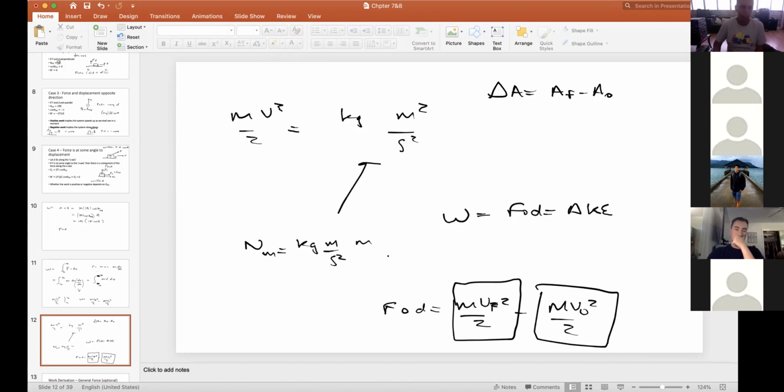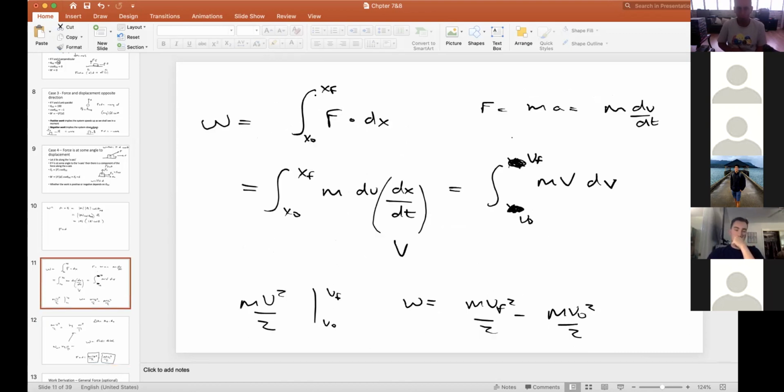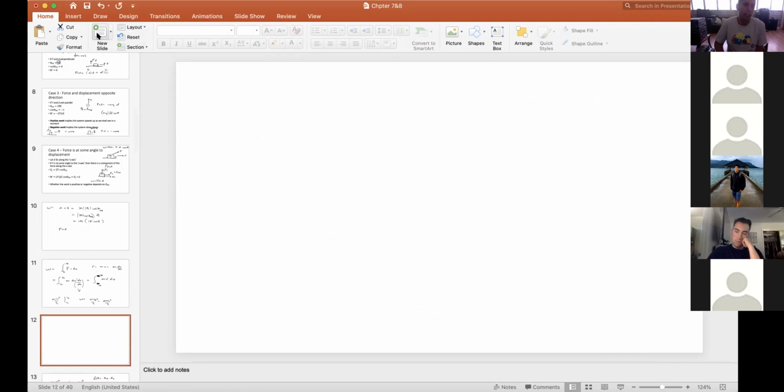It's all right there in this nice little integral, but we don't have to worry about that. Let's go back to that example where we had the 2 newton force over 2 meters, both in the x hat direction. So we're sliding a box a distance of 2 meters using a force of 2 newtons.